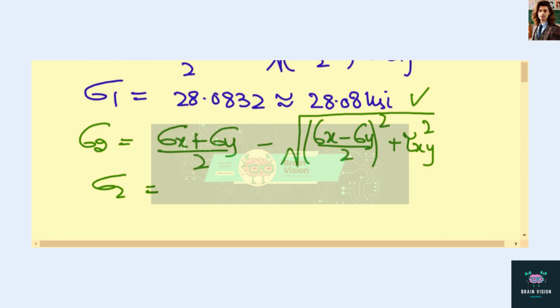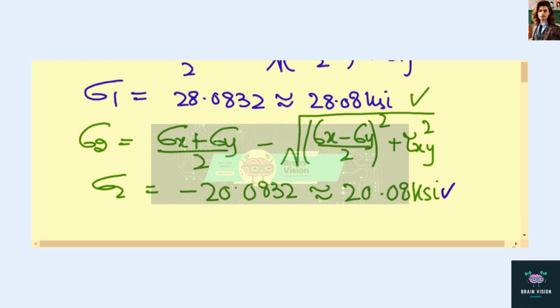When you plug in the values and calculate it, you will get negative 20.0832, approximately negative 20.08 ksi. Now you have the value of the other principal stress as well.